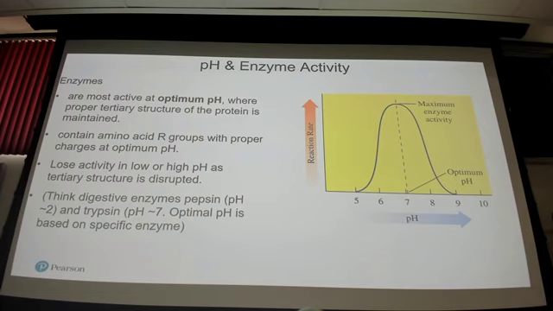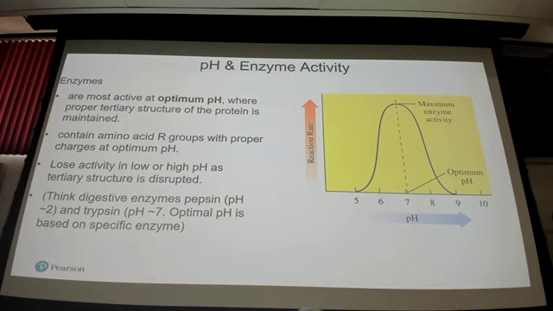We know that enzymes, I believe I mentioned that enzymes in the digestive tract, for example, the stomach, the pH is low, pepsin works in the stomach, and then in the small intestines, trypsin acts there, the pH is between 7 and 8.